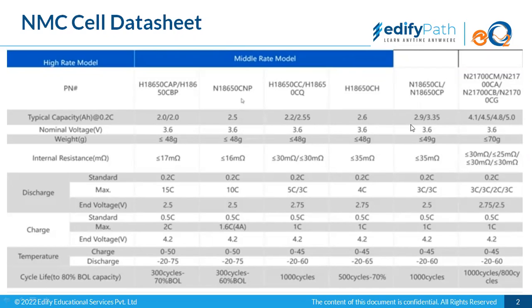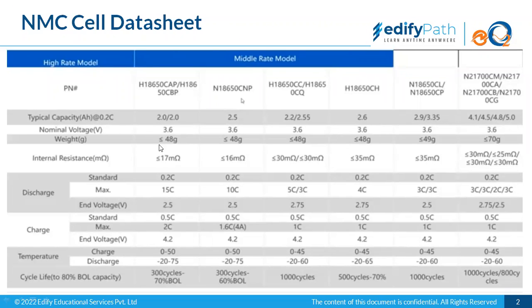Here you could see 2 Ah for the first, 2.5 Ah, then in the third case there are two types of cells, 2.2 and 2.55, 2.6. It goes as high as 4.1, 4.5, 4.85 Ah, because the cells in the last column are a bit bigger.